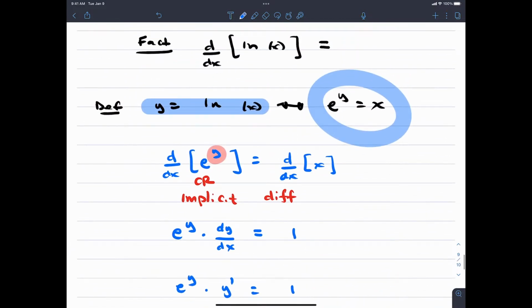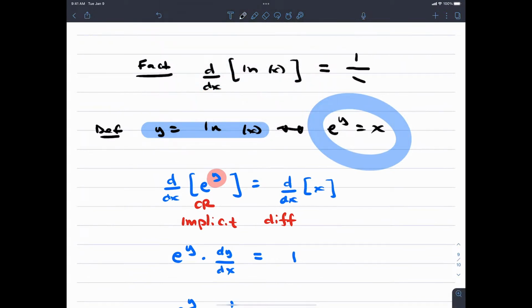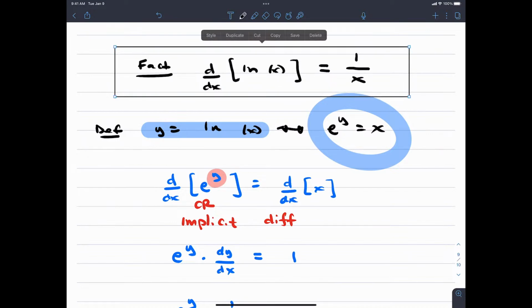So the derivative of natural log, ladies and gentlemen, is 1 over x. This is gold here. You guys okay with that? There's your derivative. Differentiate natural log, and it's simply 1 over x.